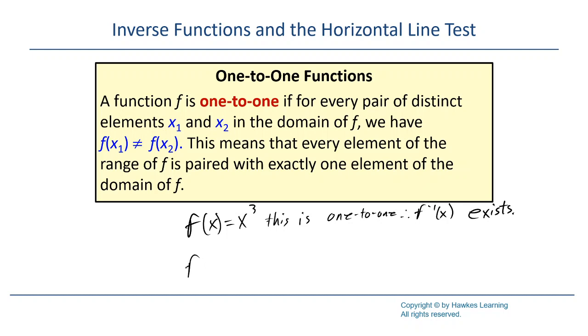However, if I do f of x equals x squared, this is not 1-to-1, which means f inverse of x squared does not exist.